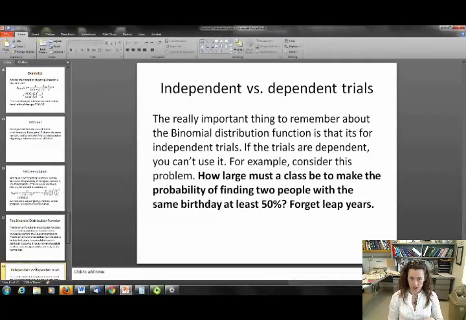These are dependent trials. Another fun sort of dependent trial example that I like to do is the birthday example. So how large does the class have to be in order to have the probability of finding two people with the same birthday be at least 50%? Okay, let's forget leap years for just a second. This also is dependent, and let me explain why.